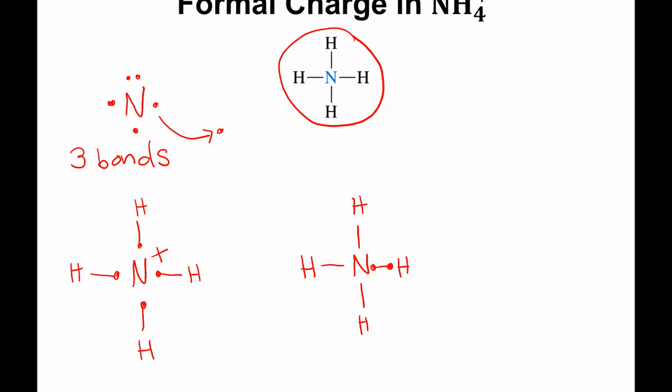It has 2 electrons in that bond, meaning that its formal valence number is going to be 2 times 1/2. Remember, we're going to half each electron in a bond, which equals 1. This hydrogen up here, it's the same thing. And for all the other hydrogens, we have the exact same situation.